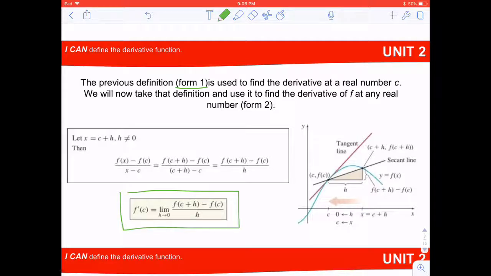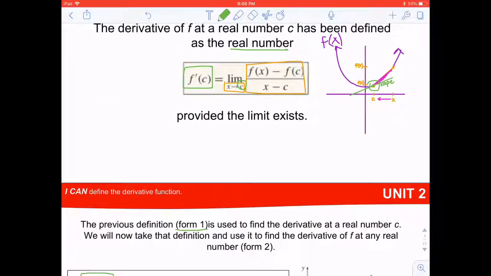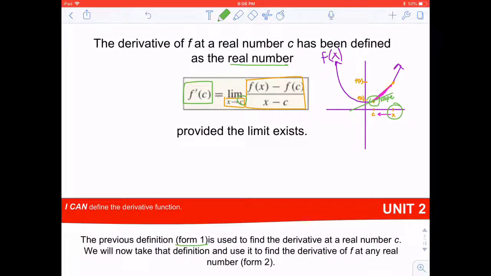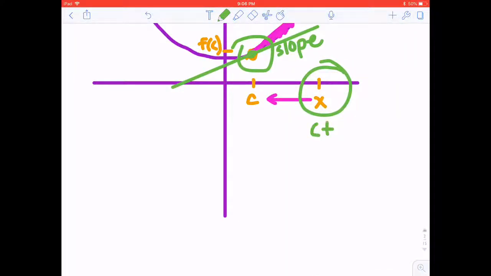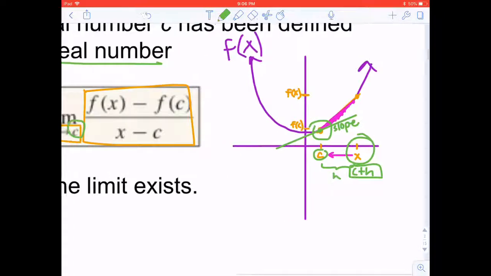So what we can do is let that x value become c plus h. So that x value that we had here is just going to become c plus h, which means h represents that distance from c to that new point, c plus h.